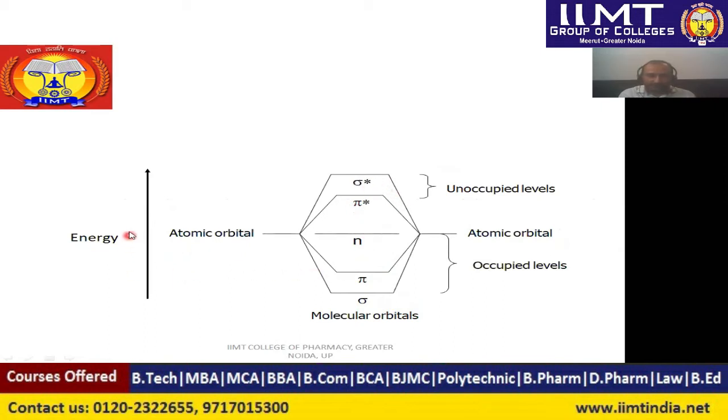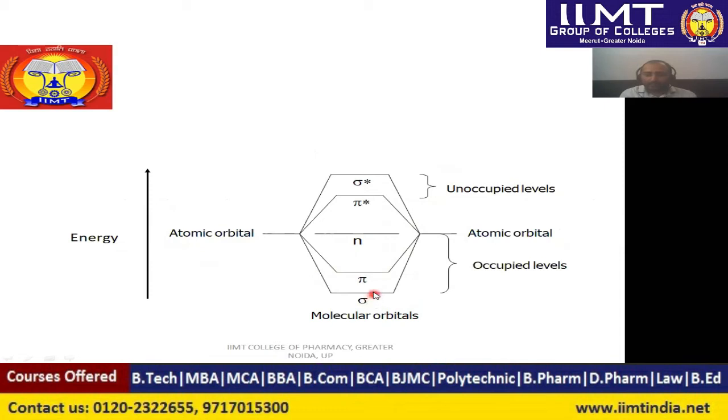See, this is the energy level. These are basically the atomic orbitals. These are the occupied levels, these are the unoccupied levels, and this is the atomic orbital which falls in between them.